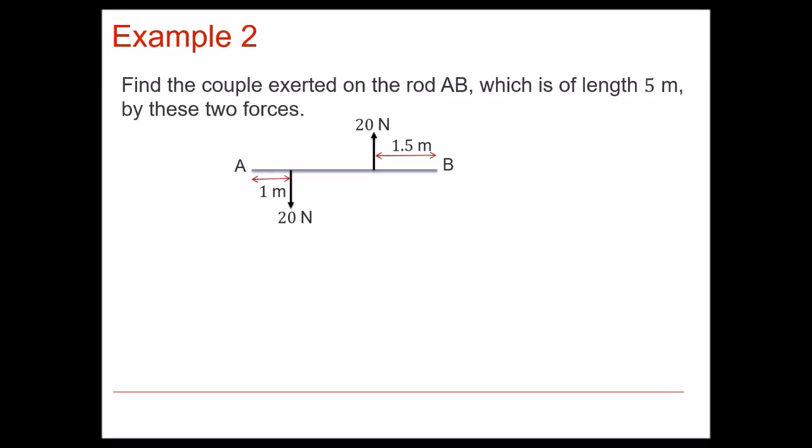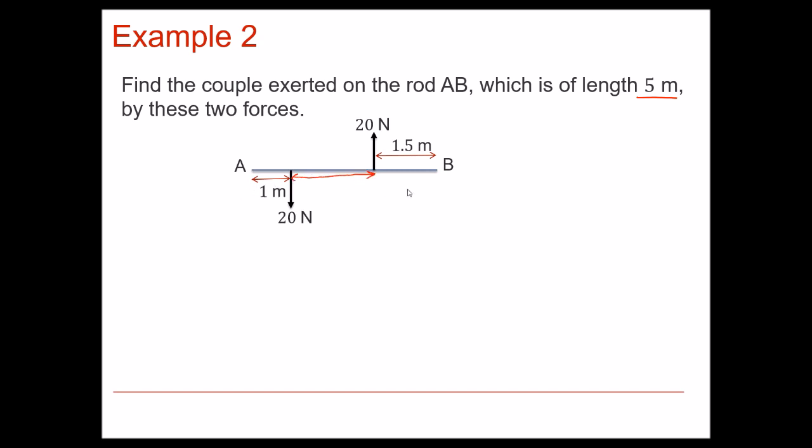Now in this example, we're going to see if we can work out the couple exerted on this rod AB, which has a length, we're told, of 5 meters, by these forces acting equally in opposite directions, but on different points on the rod. Now we know from earlier what we need to know is the distance that separates those.